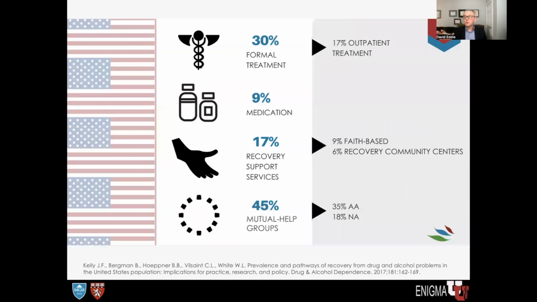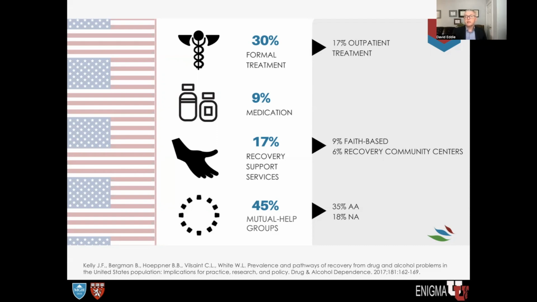So how did people who used some kind of support, some kind of care, recover? What did they use? Well, 30% said they used formal treatment. 9% said they used medication. And these groups are not mutually exclusive. Folks might have identified as using multiple modalities. 17% used some kind of recovery support service, and this could be like faith-based recovery programs through a Christian church or recovery community centers.